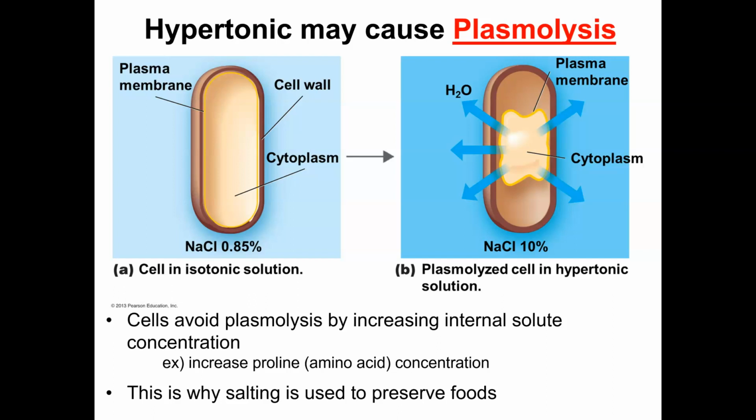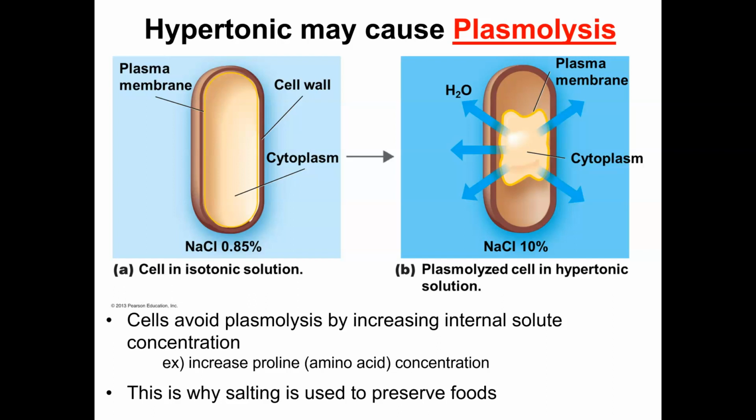So, for many bacteria, this just spells death. Water gets ripped out of the cell, poor little thing turns into a shriveled up trapped raisin. So how do you get around that? Well, some cells can adjust their internal solute concentration. They can start making more solutes to compensate for the difference.